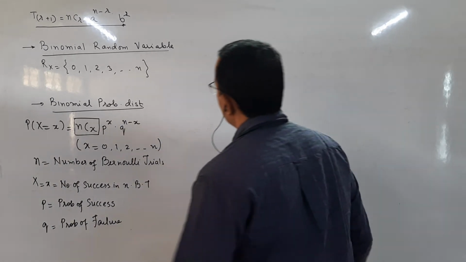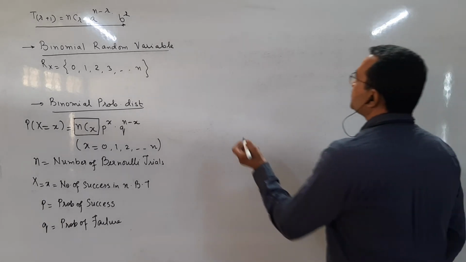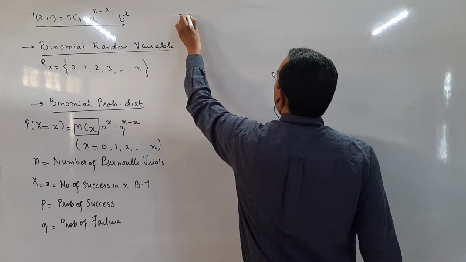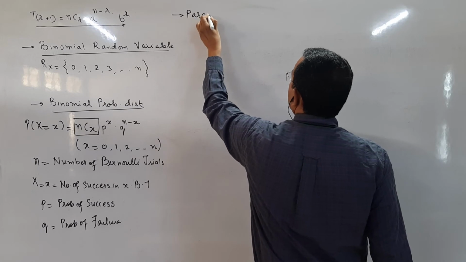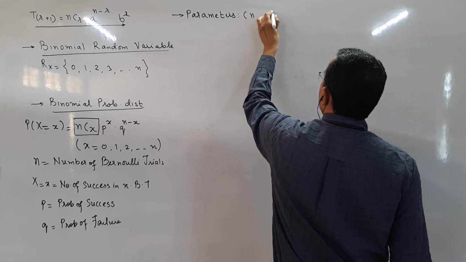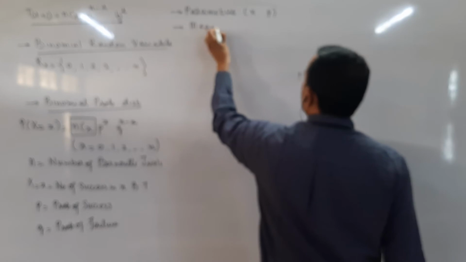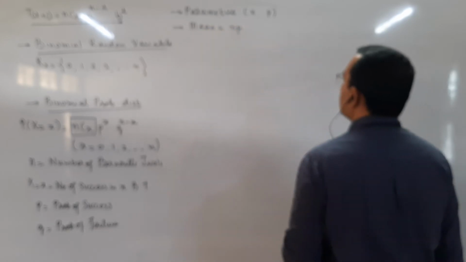Today we are going to do only very short sums, but students, I want you to memorize and remember the formulas, write the properties 3 times, so that you can apply them to the sums. Now I am writing here: parameters of a binomial distribution are n, p. Mean is equal to n into p.